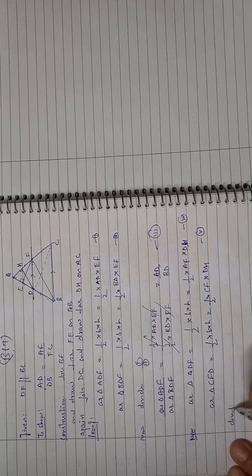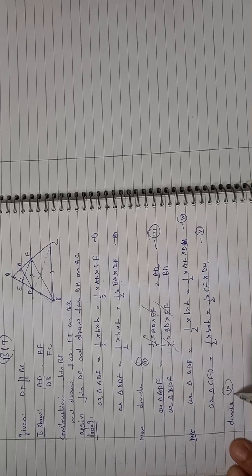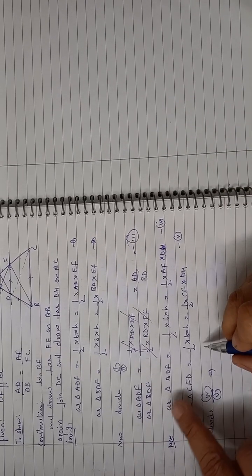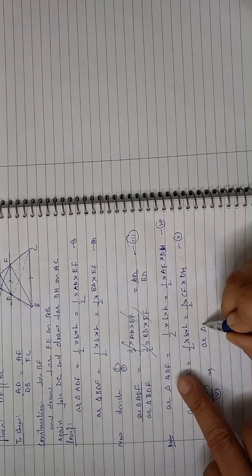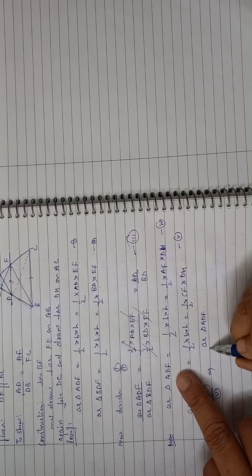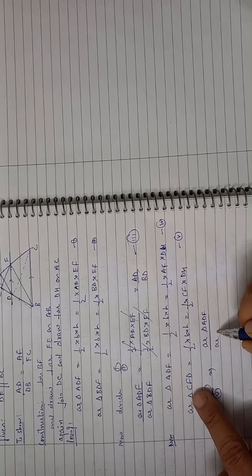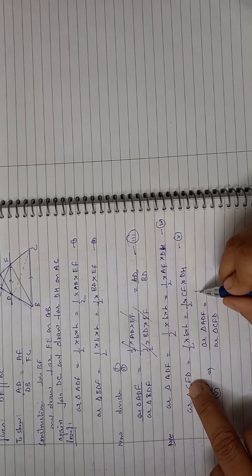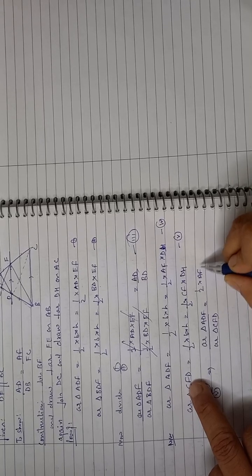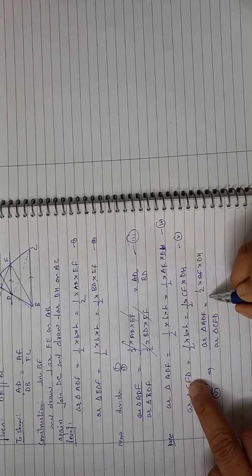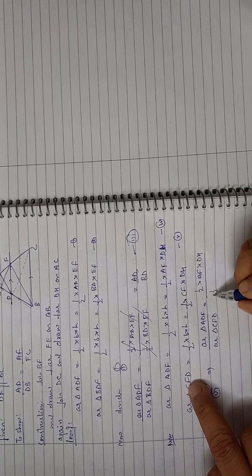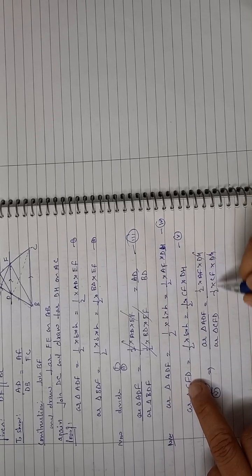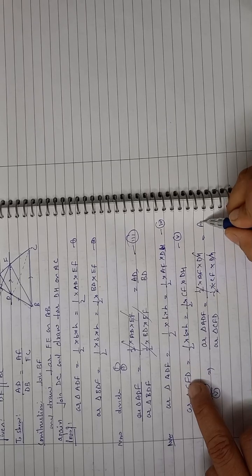Divide equation 4 and 5. What do we have? Area of triangle ADF upon area of triangle CFD is equal to half AF into DH and half CF into DH. By cancelling out, what are we left with?